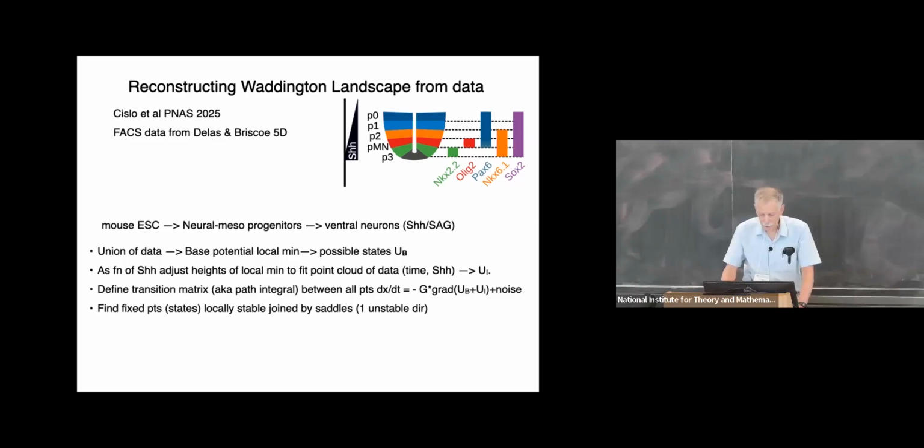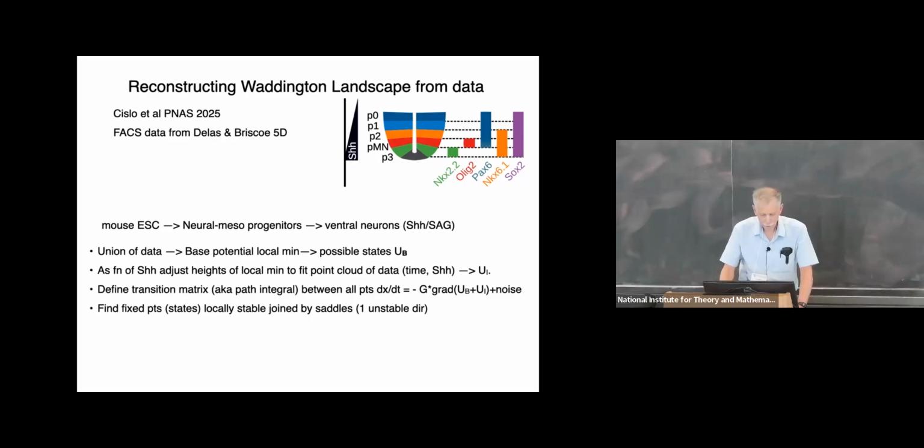That defines the sum of the potentials, which defines a path integral, and the path integral is then used to fit time-dependent data as to how the cells slide down the surface.